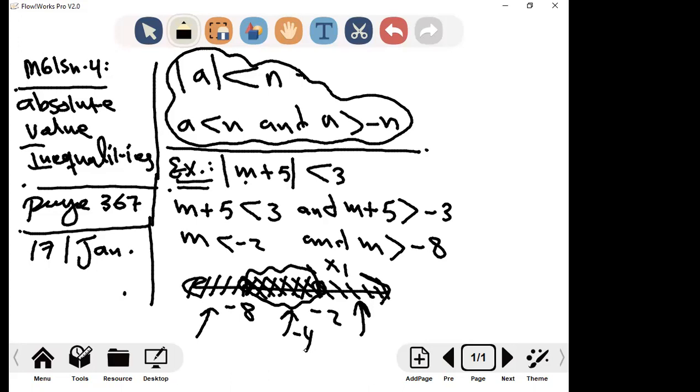Is 1 less than 3? Yes. Guess negative 9: negative 9 plus 5 is negative 4, absolute value 4. Is it less than 3? No. So any number between negative 8 and negative 2 is a solution, and any number outside is not. Do you understand this case? I will call it case 1.